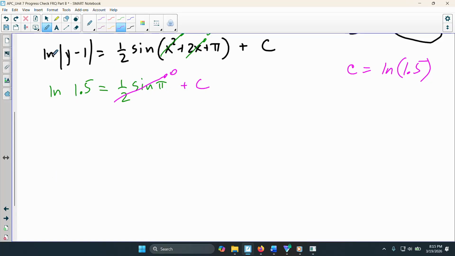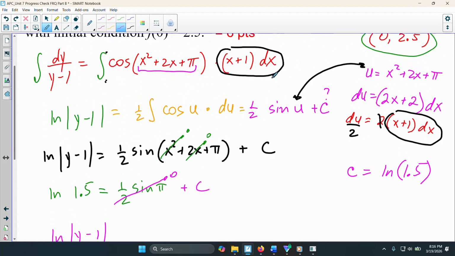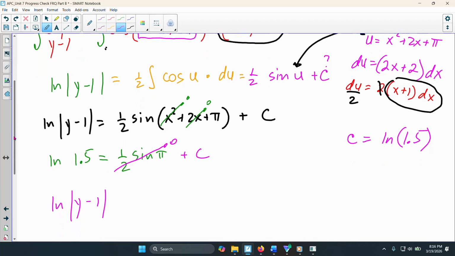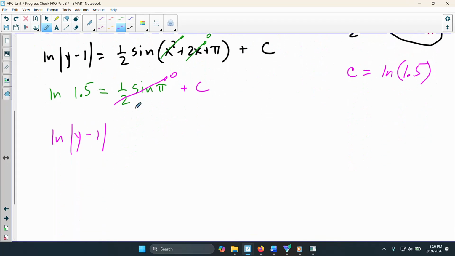So what is the solution? This is ln of the absolute value of y minus 1. Do we still need absolute value? I'm just going to keep it on here for a second. Actually, I'm pretty sure I don't need it because the value of y was positive here, so we should be okay. But let me just continue with this.